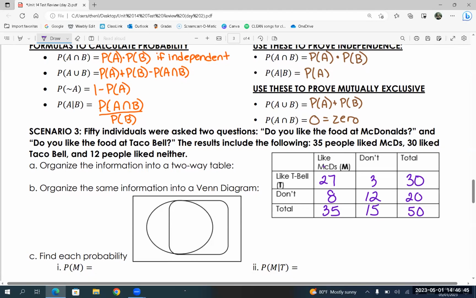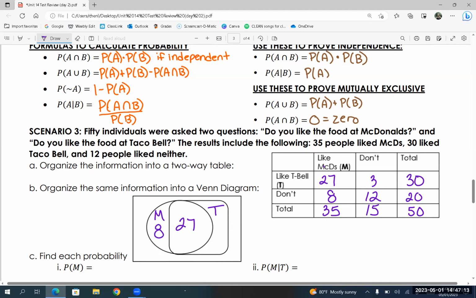Okay, part B, organize the same information into a Venn diagram. So we had a total of 27 people like McDonald's and Taco Bell. Let's call this McDonald's. This can be Taco Bell. So 27 of them liked both. Then I had 8 people who liked McDonald's still, but didn't like Taco Bell.